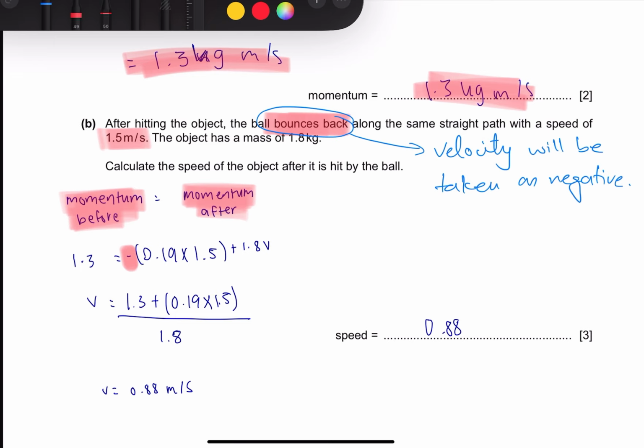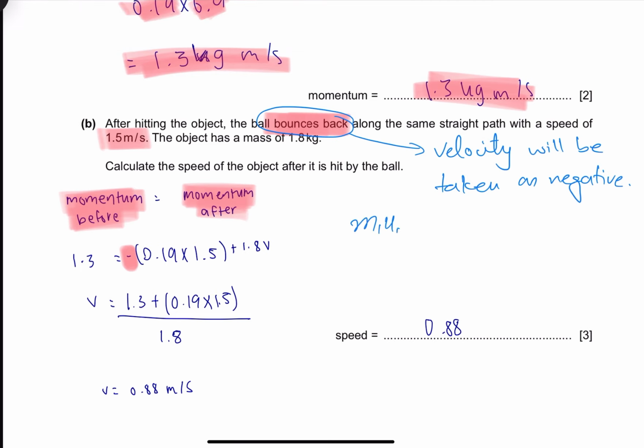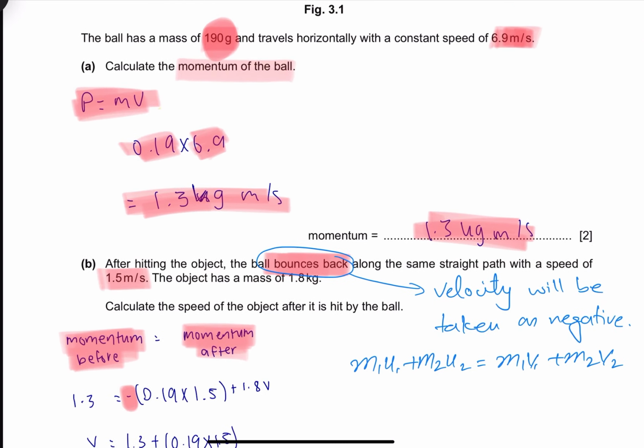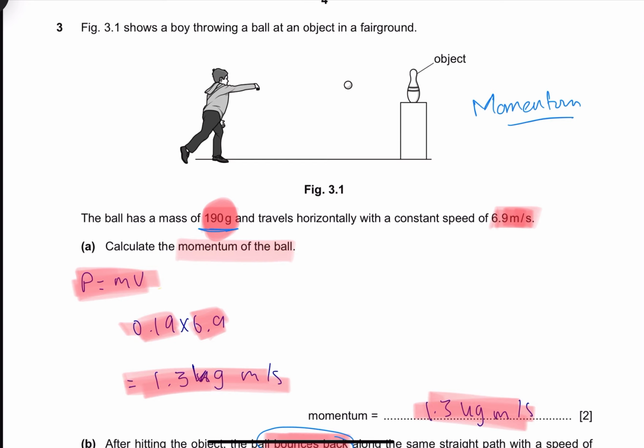If you remember, the relation was m1 u1 plus m2 u2 equals m1 v1 plus m2 v2. Let's identify the masses and velocities. This was the first object, the ball, and this is the second object.